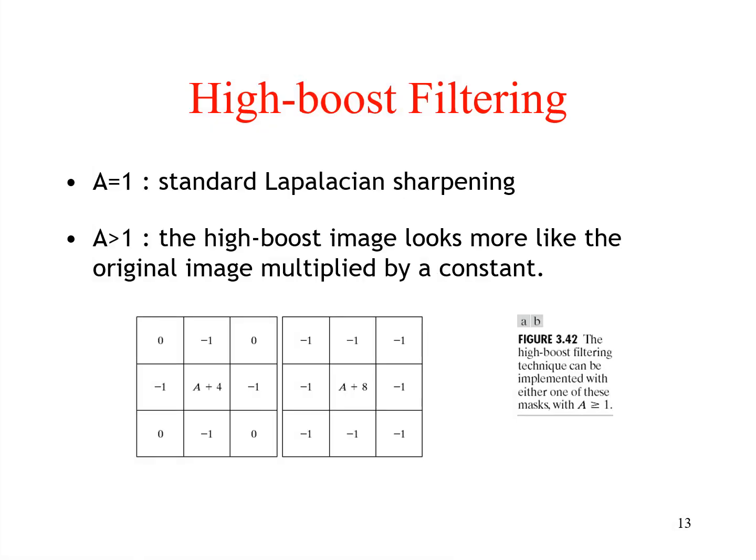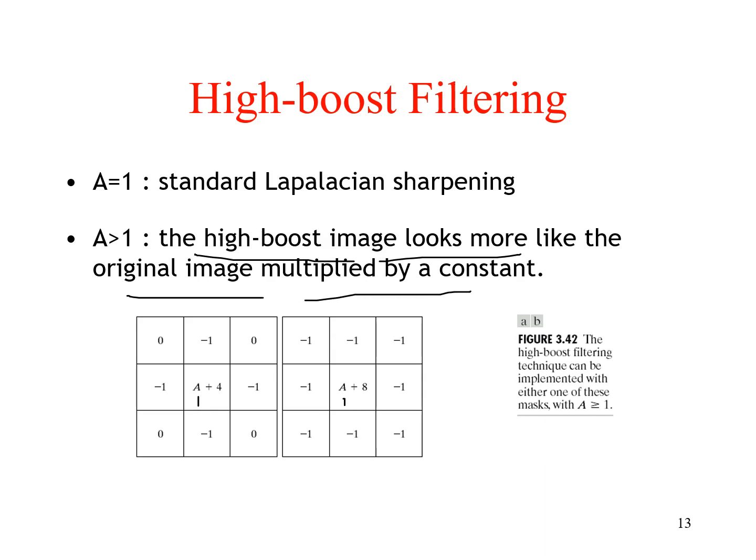What will happen if A is equal to 1? If A is equal to 1, it's the standard Laplacian, right? A equal to 1 means standard Laplacian. If A is greater than 1, then the high boost image looks more like the original image multiplied by a constant.